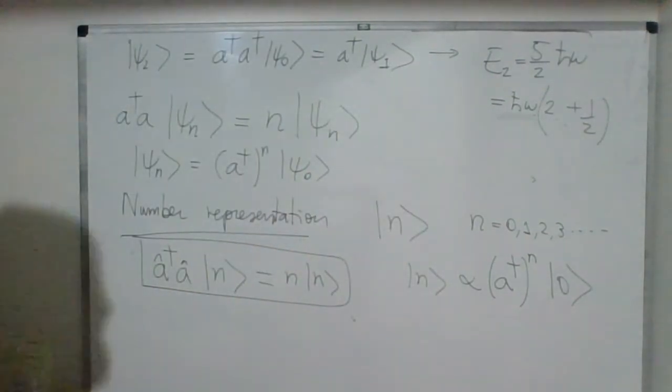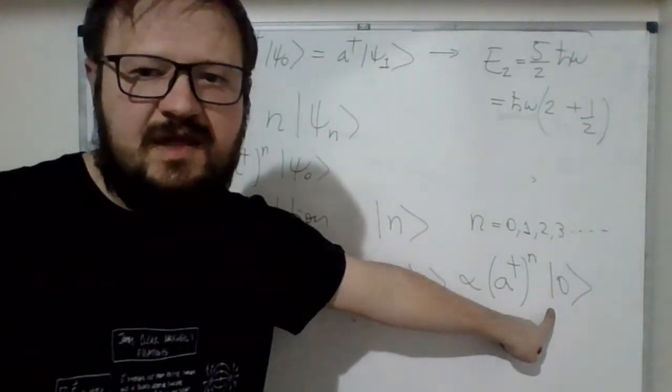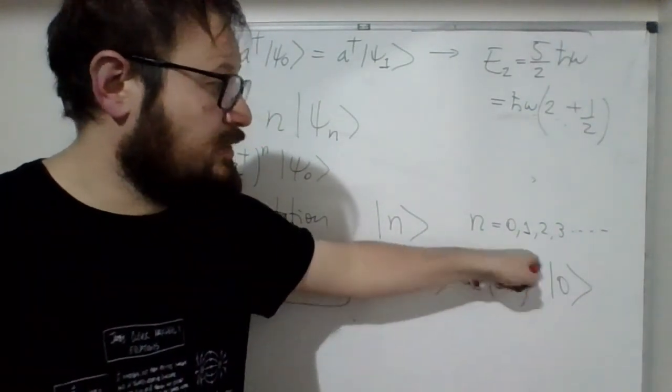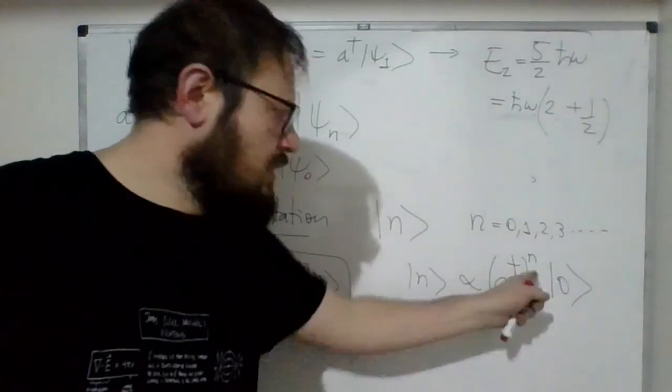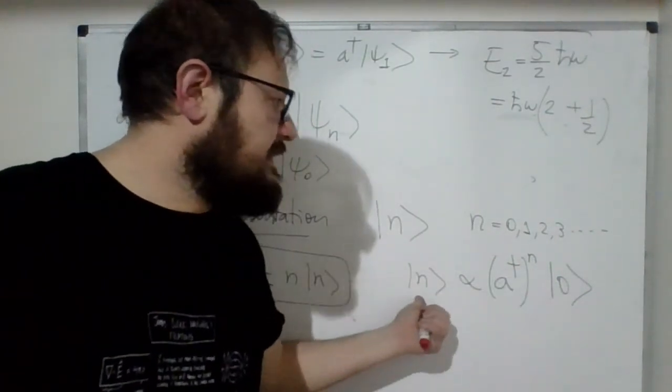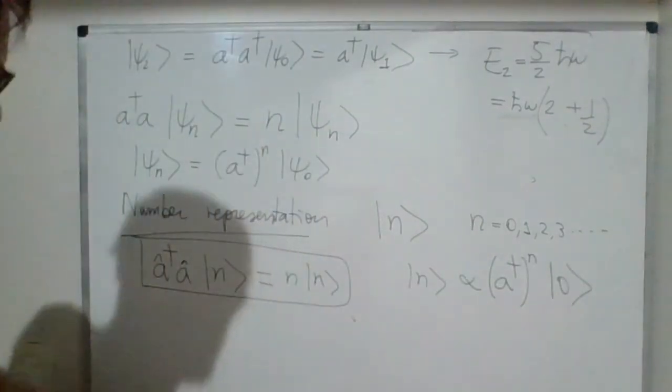All right, the vacuum state is the lowest energy level. You can apply this operator n times. 0 times gives you the vacuum, 1 time the first excited state, twice the level 2, and so on.